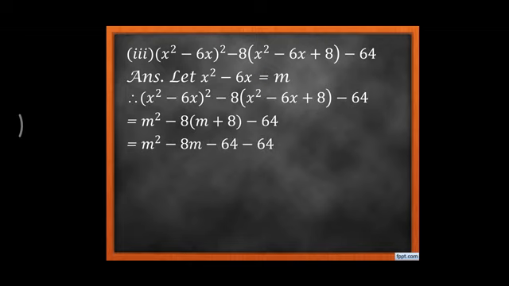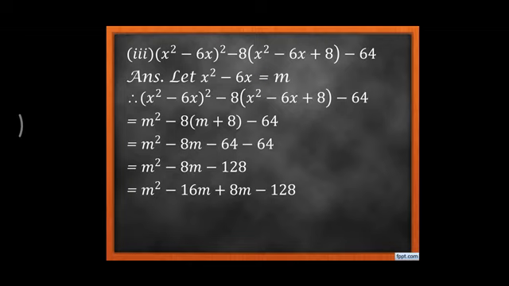So you have m² − 8m − 64 − 64, that is m² − 8m − 128. Now the factors of 128 such that you get −8 as their sum are 16 and 8, that is −16 + 8. So you have m² − 16m + 8m − 128.